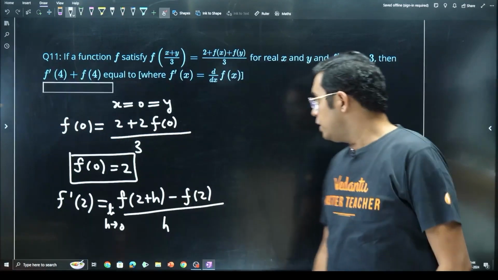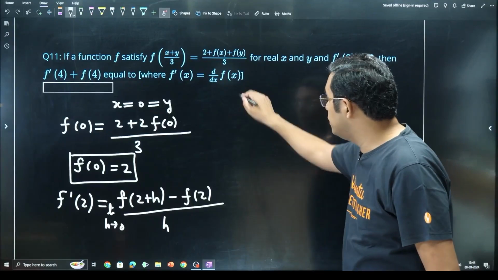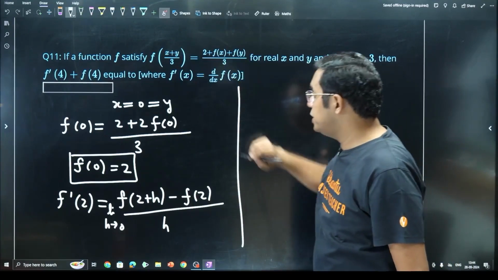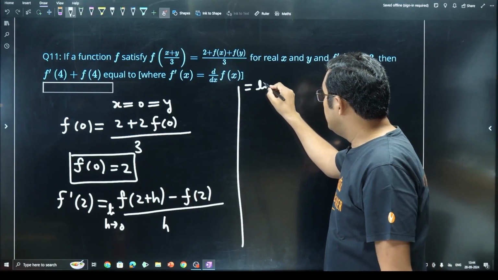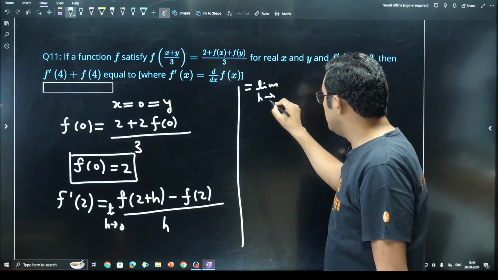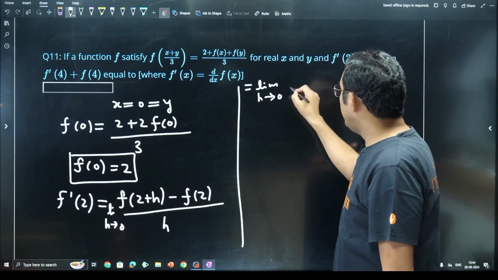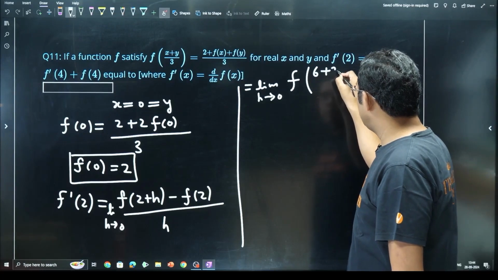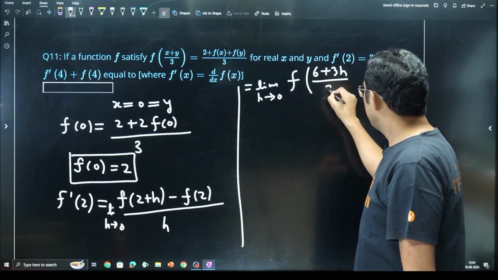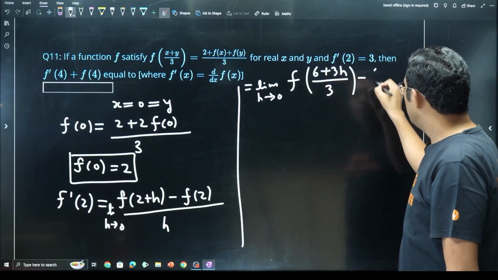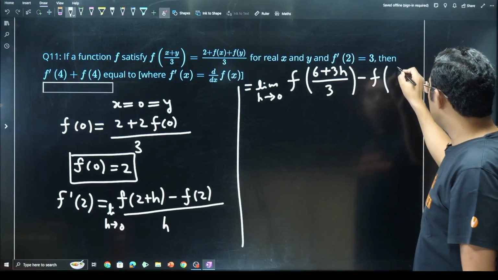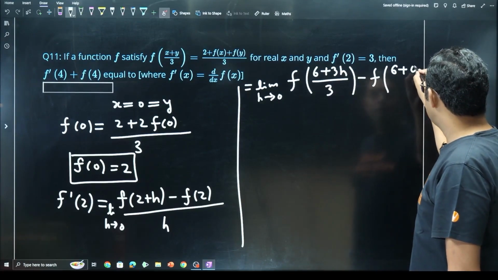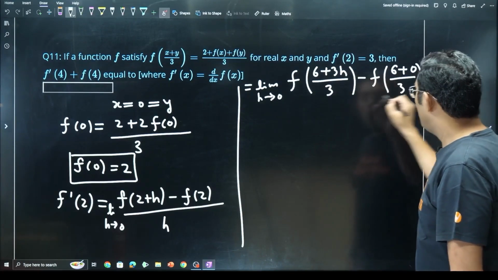Now to do this question further, we can use this definition here. I will write it as limit h approaches 0. And I will write 2 plus h as f of (6 plus 3h) upon 3, minus f of 2, which I will also write as (6 plus 0) upon 3, whole divided by h.